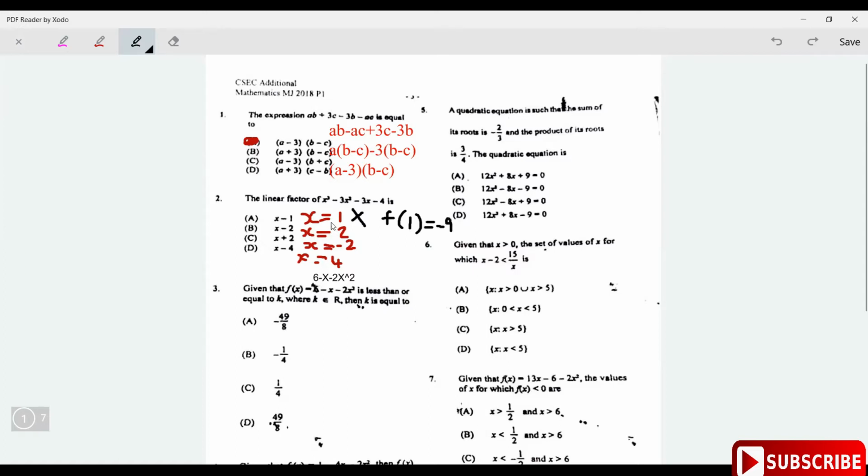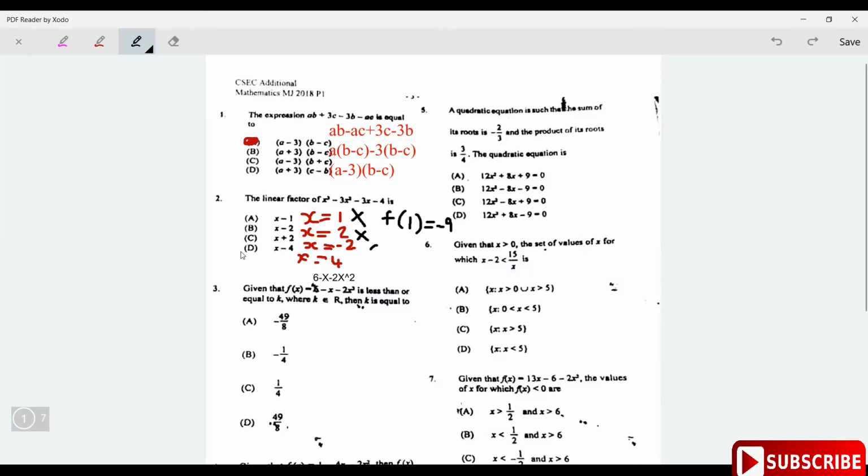Plugging in 2, you get 2 cubed minus 3 times 2 squared minus 3 times 2 minus 4. That gave negative 14. So this one doesn't work either. Let's try negative 2. Negative 2 cubed minus 3 times negative 2 squared minus 3 times negative 2 minus 4. That's negative 18. This doesn't work.